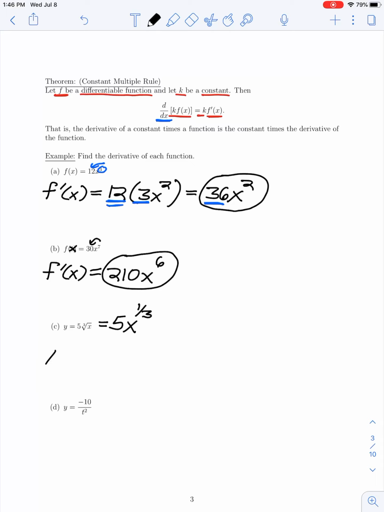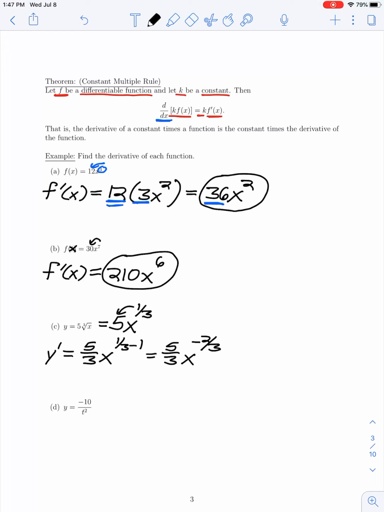And now, using the constant multiple and power rules, well, when we pull down our power of 1/3, we have 5/3 times x to the 1/3 minus 1 power, or 5/3 times x to the negative 2/3 power.